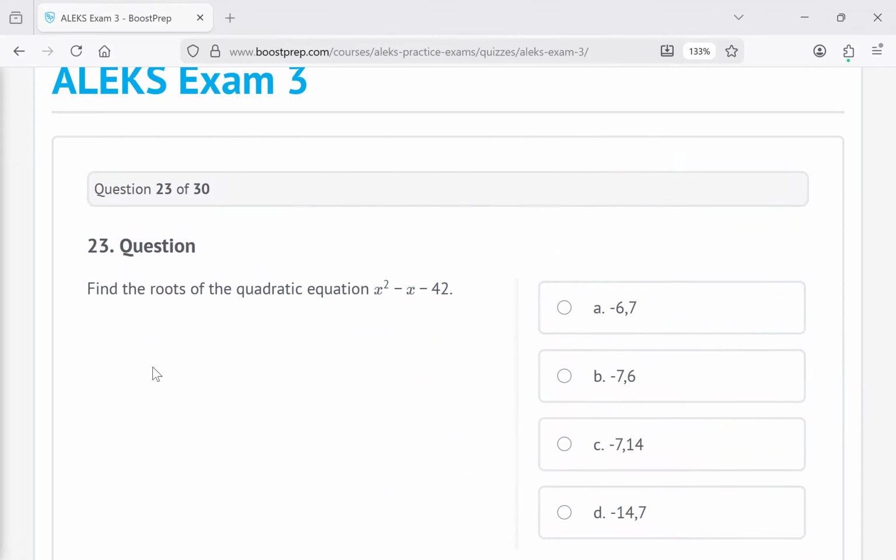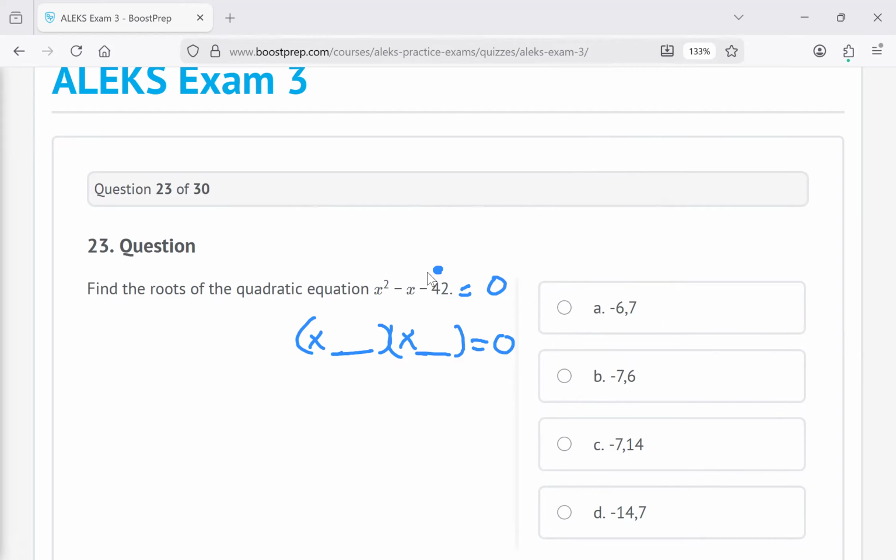Okay, 23. Find the roots of the quadratic. When they say roots, they literally mean x-intercept. So what you're going to do is set this to 0, x squared minus x minus 42. And I believe you can factor this nicely. The other one we couldn't factor. So I'm going to do simple factoring. I'm going to put x here and x there, and then blank space, blank space.